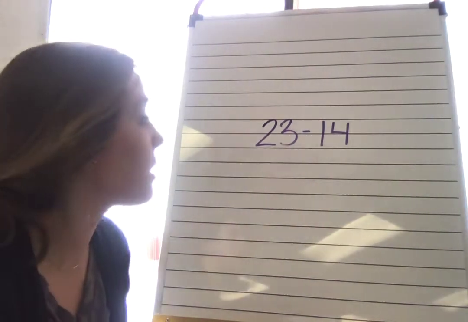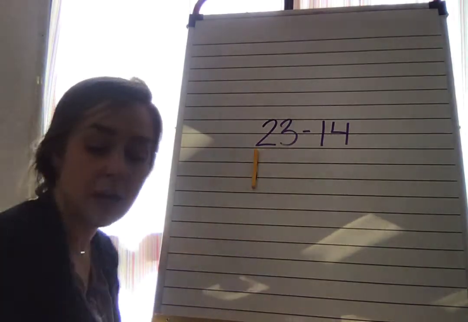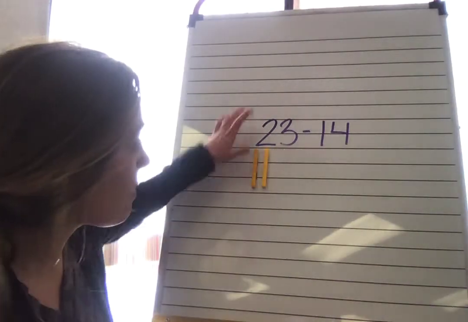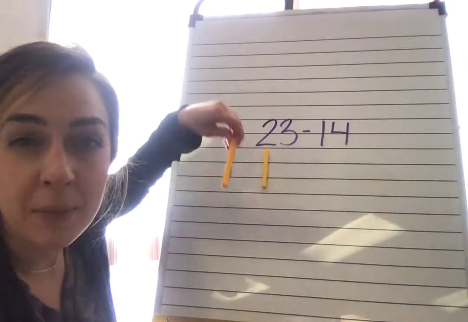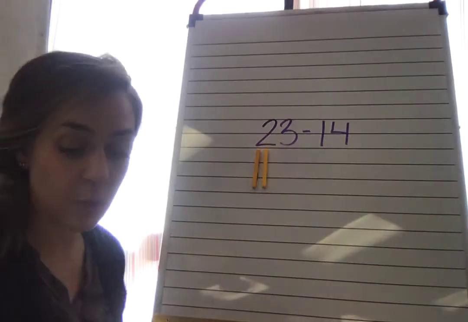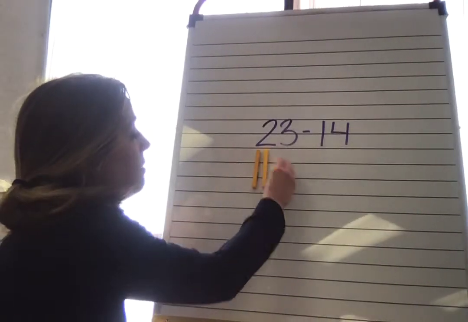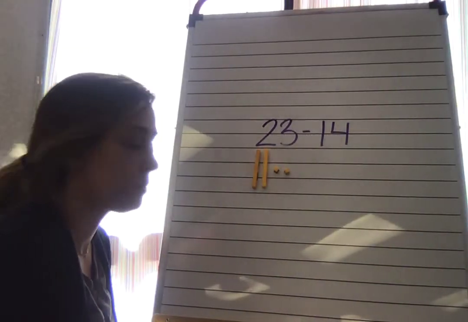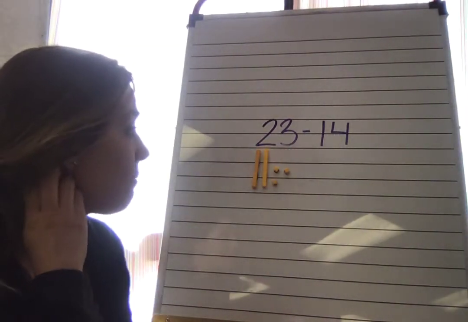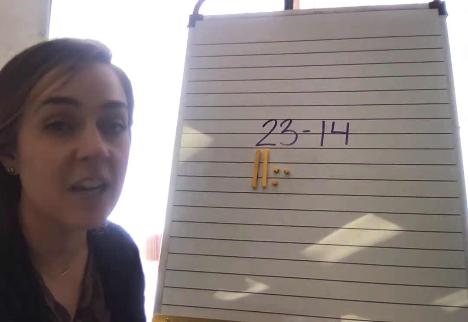So the first thing I'm going to do is build the number 23 using base 10 blocks. Now remember, this 2 tells me how many groups of 10 I have. So I have 2 groups of 10 and I have 3 ones. 1, 2, 3. All right. So I've built 23. Now I want to take away 14.